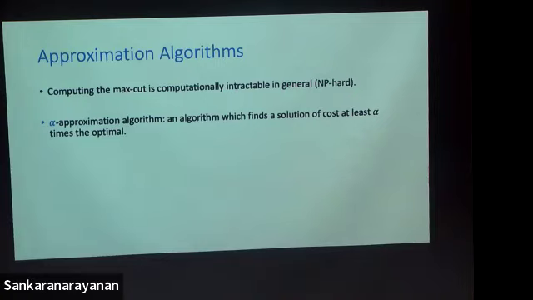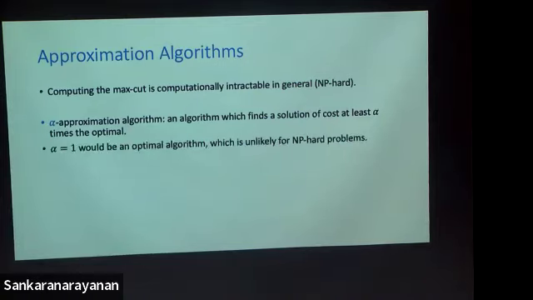An algorithm is an alpha approximation algorithm for the max cut problem if it finds a solution whose cost, here the number of edges cut, is at least alpha times the cost of the optimal solution for every instance. Ideally, we would like alpha equal to 1, because that means you're always getting the optimal solution. But that's unlikely because that would mean finding the optimal solution for NP hard problems. So the goal is to design algorithms for which alpha is as close to 1 as possible.